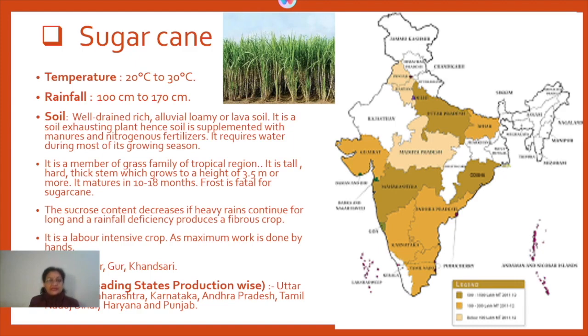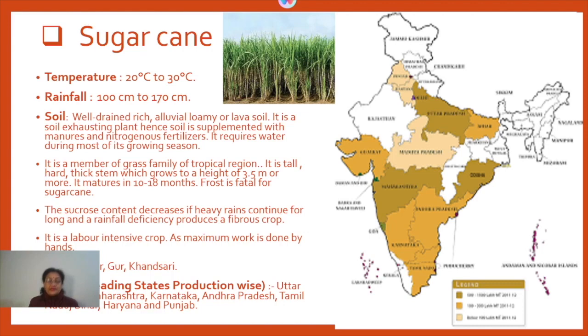A major part of it is lying in the tropical zone, right? And more or less whatever conditions are required for the cultivation of sugarcane are ideally fulfilled in a major part of India, whether it is the northern plains of India, or you can take the northern part of the peninsular region also.